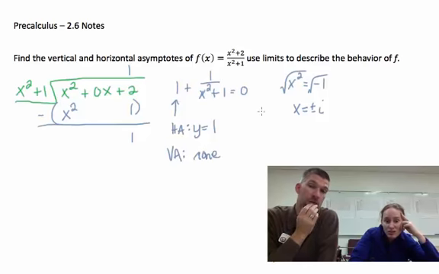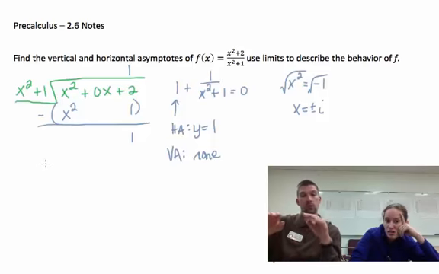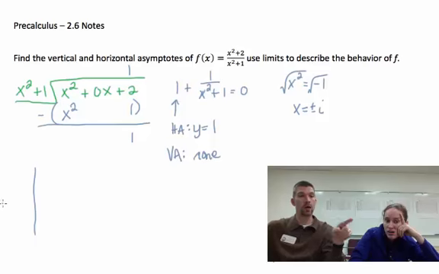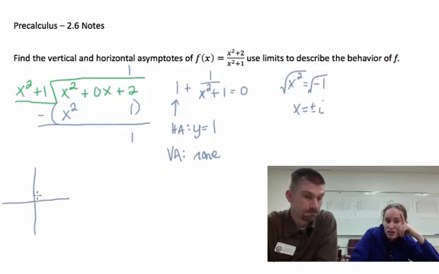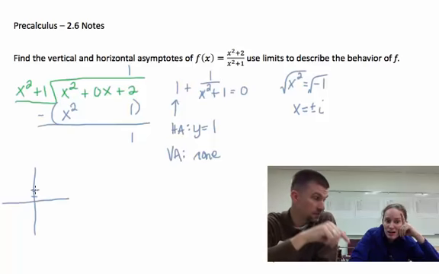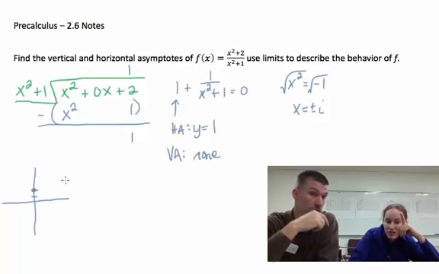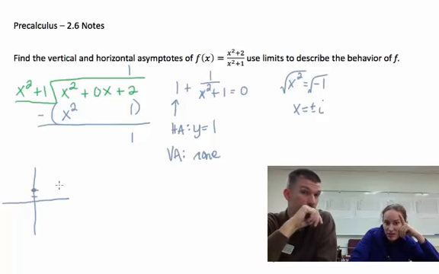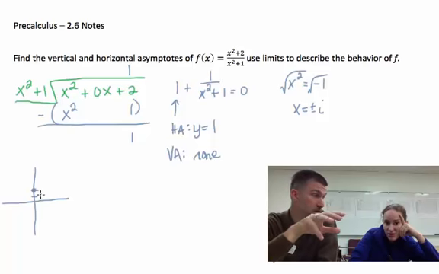I'm kind of curious about what this would look like. I know exactly what this would look like, I think. It's going to be limiting towards 1 as we go to the infinities. And if I put 0 in for x, I get 2. If you put a 1 in for x, then that's 3 halves.